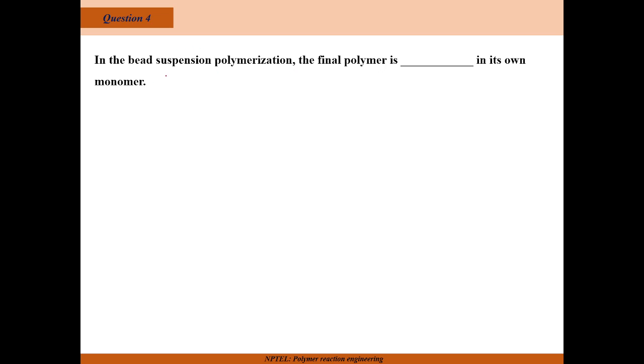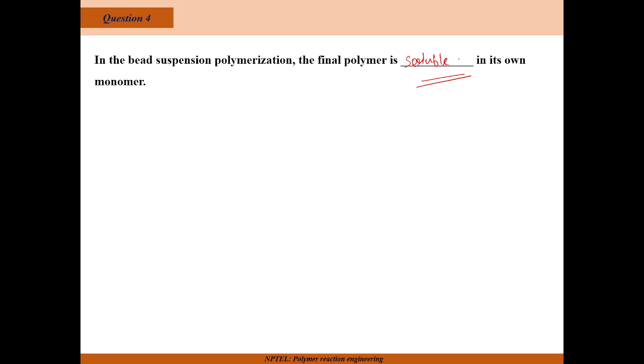That is one of the basic properties of this bulk suspension polymerization itself. So the answer is soluble. In the case of bead suspension polymerization, the final polymer will be soluble in its own monomer. That is something we should note about bead suspension polymerization.